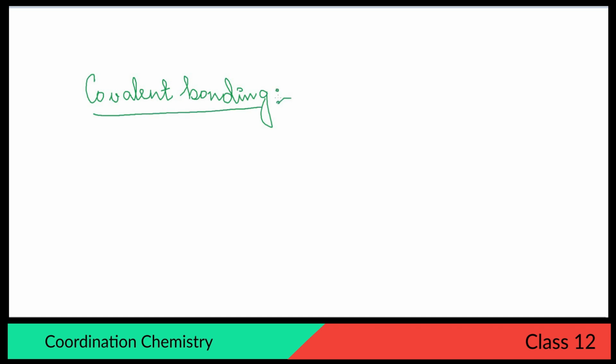Covalent bonding refers to the sharing of electrons, alright? So, it is nothing but sharing of electrons, okay? Now, how would I show sharing of electrons, or what do I mean by sharing of electrons?